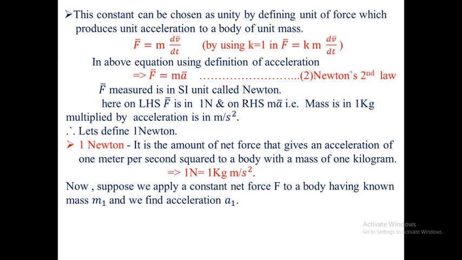In the previous one we took a body with mass m1 whose value is known to us, and we applied force F, and acceleration a1 was produced. Now I am taking a body with mass m2 and m2 is unknown to us, means we don't know the value of m2. So we are going to calculate this by using some mathematical terms. So mass m2 produces an acceleration a2, means I am applying the same force F that I already applied to body m1.